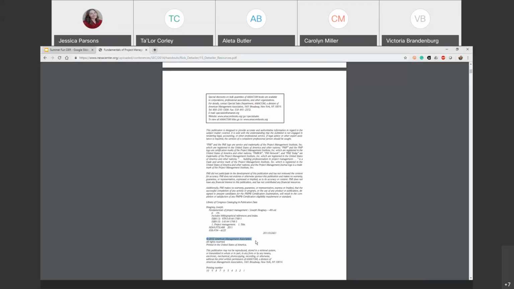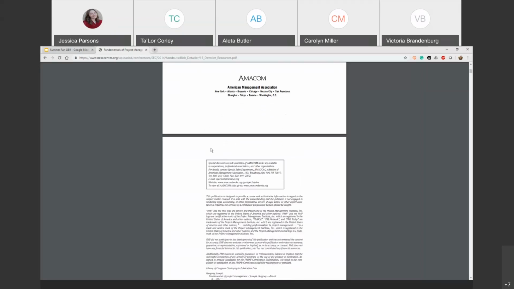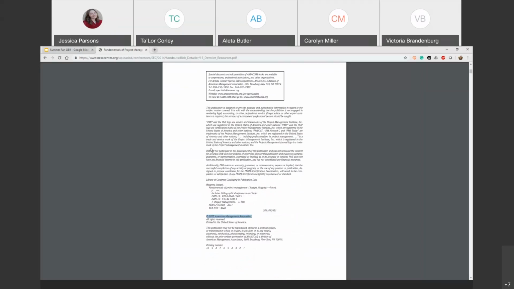What I would suggest that you do is reach out to the American Management Association or the publishing company, which looks like Macom. I probably totally butchered the name of that publishing company, but I would reach out to them and just double check.